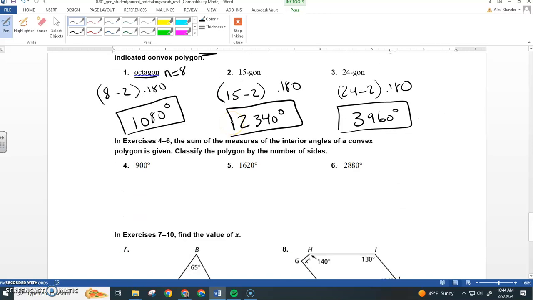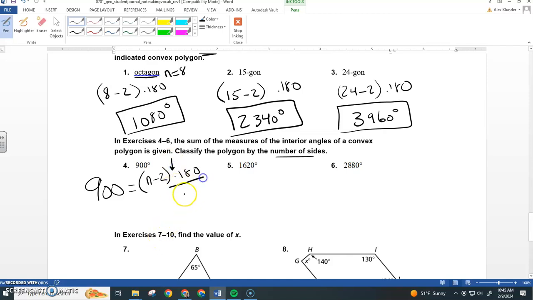Now this one we have to work a little bit backwards. It says the sum is given, find the number of sides. So 900 is equal to n minus 2 times 180. How do we work this backwards? Well, the easiest way to do it, in my opinion, you have multiplication right here.